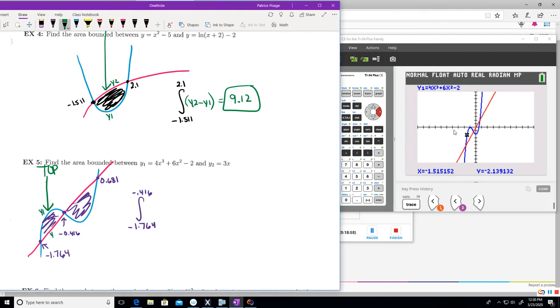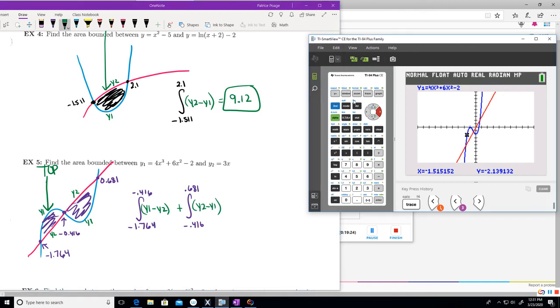So that's y1, that's y2. That means that's y2, that's y1. So this first one's going to be y1 minus y2. And then I'm going to integrate from negative 0.416 to 0.681, and for that one, it's going to be y2 minus y1.